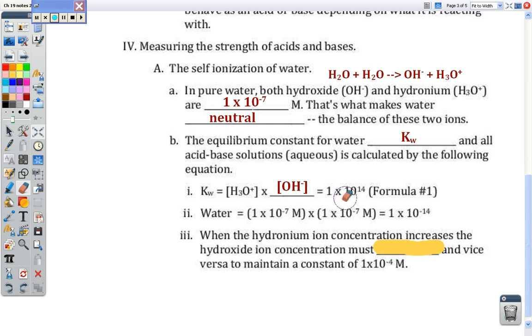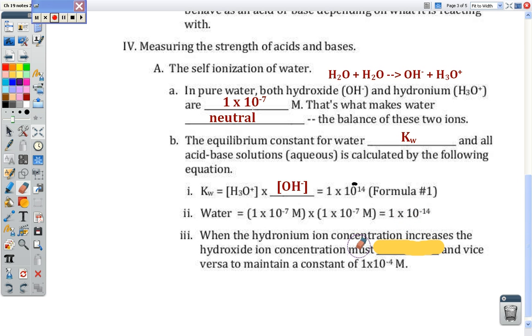Hold on. It's products over reactants, so that should actually be a negative in there. It's 10 to the negative 14. These two concentrations mixed together give us our 1 times 10 to the negative 14.